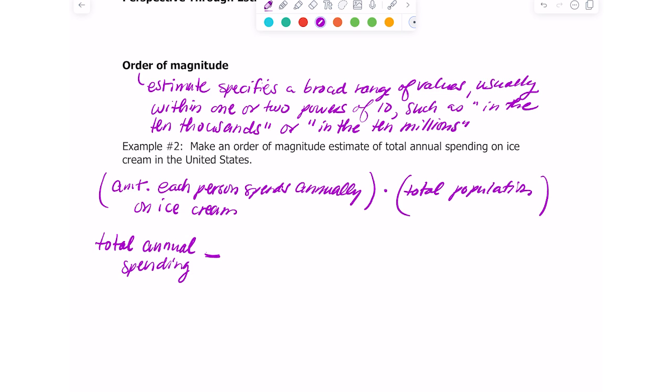And some people might have different serving sizes than others. So again, this is like a ballpark figure. And I would also need to know the price per serving.